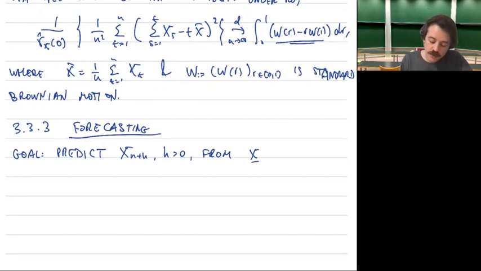And we wish to do it well in some way, because we could, of course, predict any value, but it's got to be a reasonably good value.